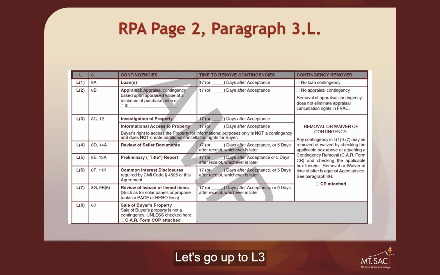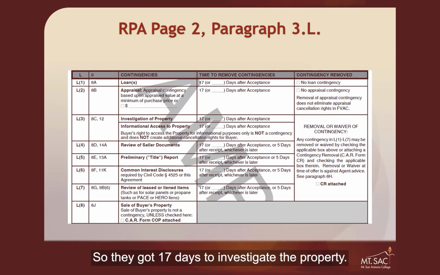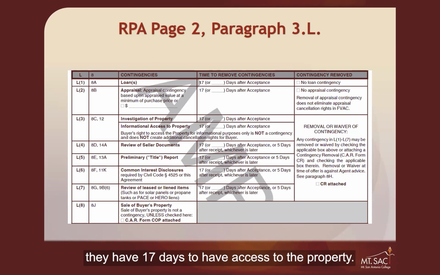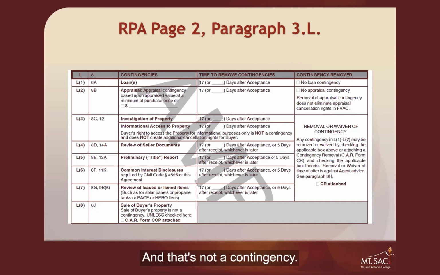Let's go up to L3. So the investigation of the property, that's a contingency. So they've got 17 days to investigate the property. It's not 5 days after a receipt because there's no receipt for investigation of the property. So they have 17 days to investigate the property. But also they have 17 days to have access to the property. And that's not a contingency.